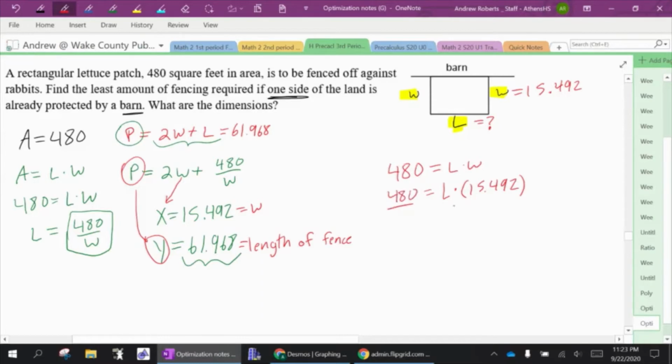And then just divide both sides by that 15.492. That's all I'm going to do. Okay. And so 480 divided by 15.492, I get 30.98.